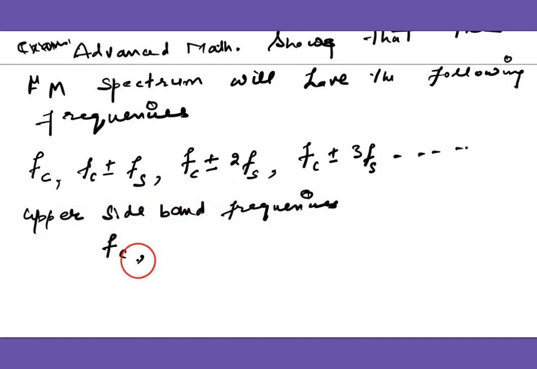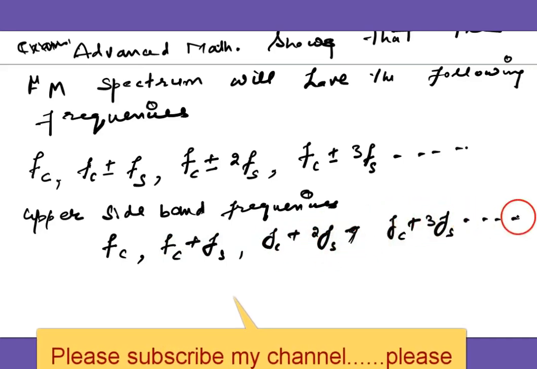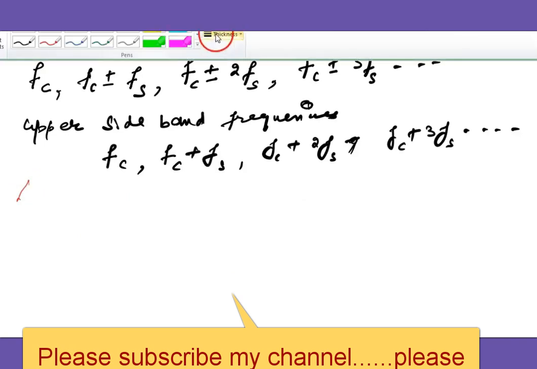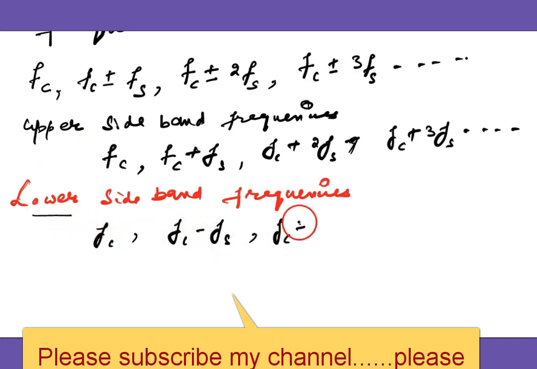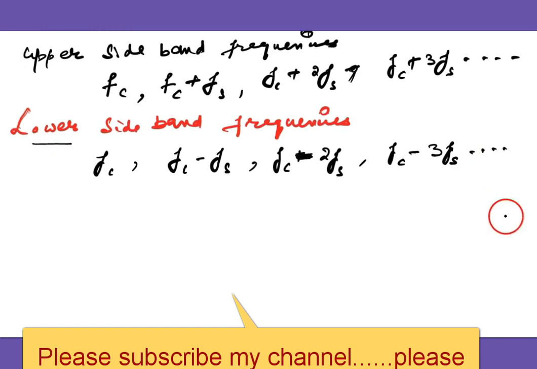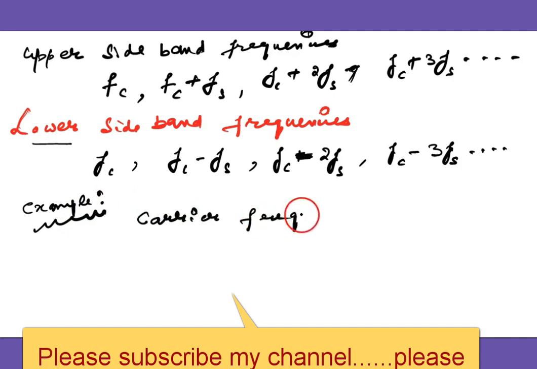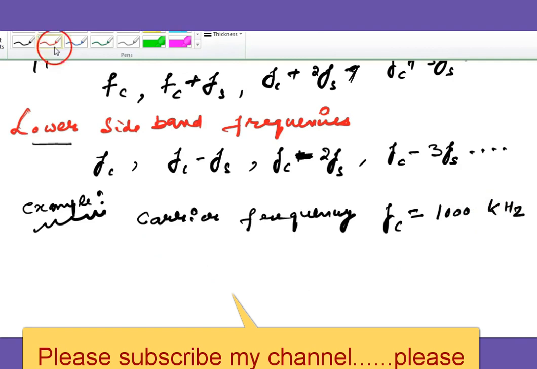The upper side frequencies are the plus values, and the lower sideband frequencies are the minus values. This is an exercise for you, to search out what about the amplitude of these many frequencies, like Fc plus Fs, Fc plus 2Fs.